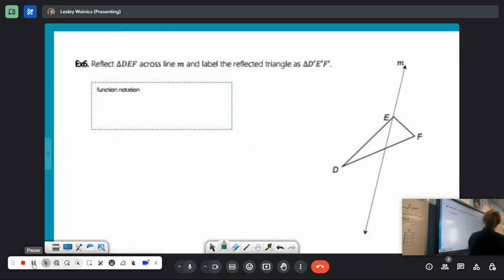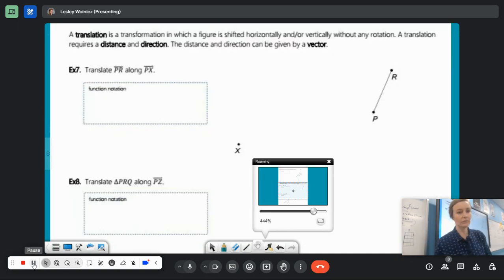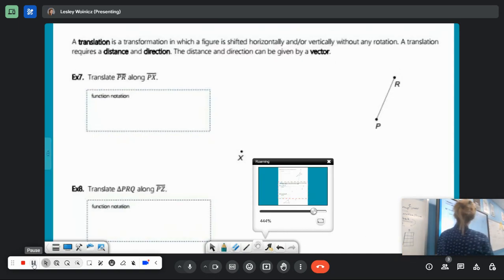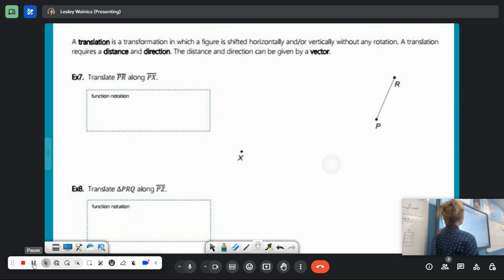Okay, so a translation is a transformation in which a figure is shifted horizontally and or vertically without any rotation. Okay?